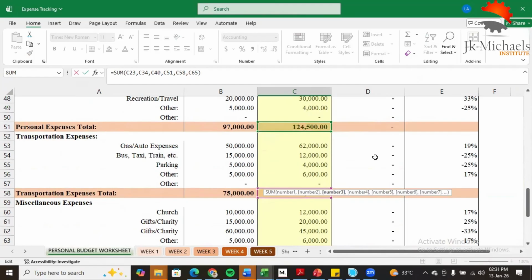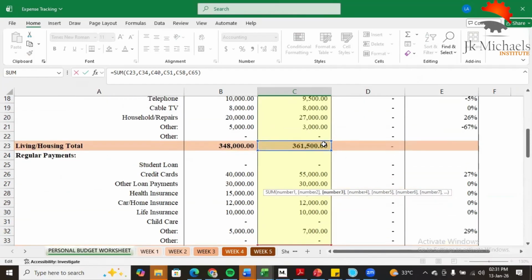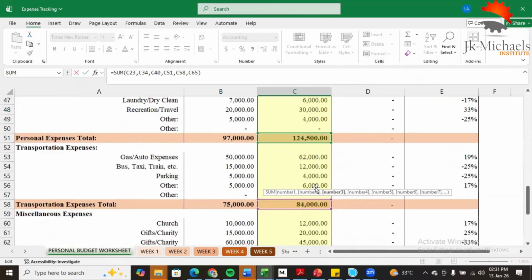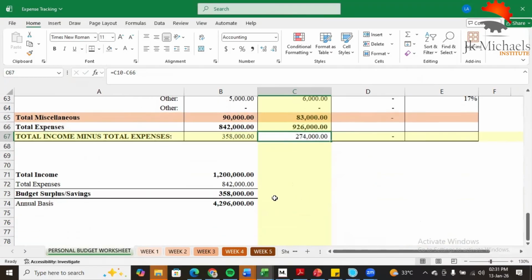This is total expenses, we'll sum up all the expenses, as you can see, right? This came up to 274,000.